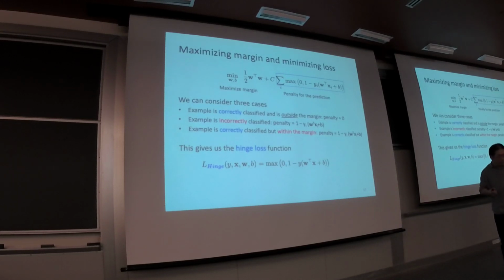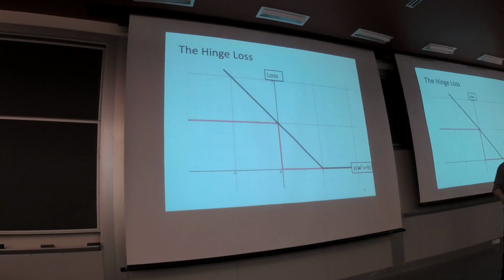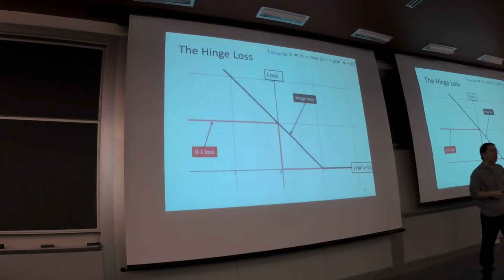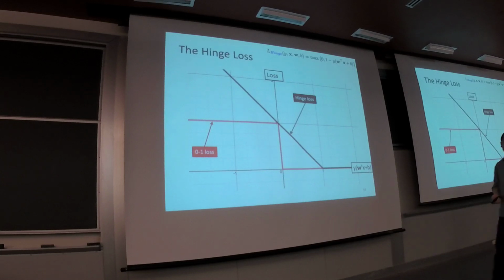And to give an even clearer look at this hinge loss, we just draw its graph. So here, the right line indicates the 0-1 loss. So what is 0-1 loss? Simply, it's a two-value step function. If you misclassify an example, your loss is simply 1.